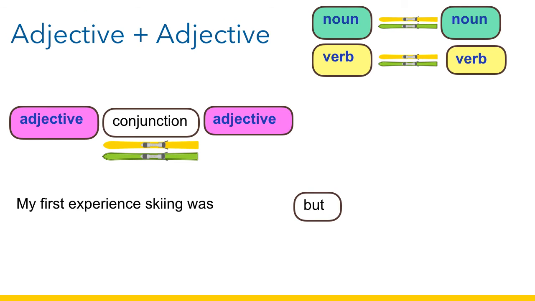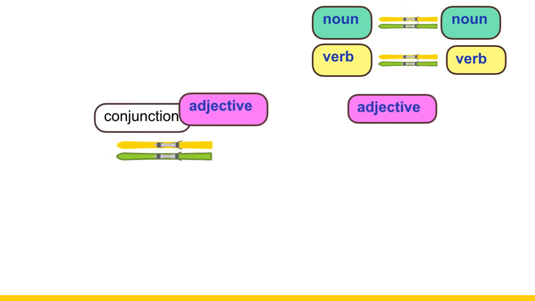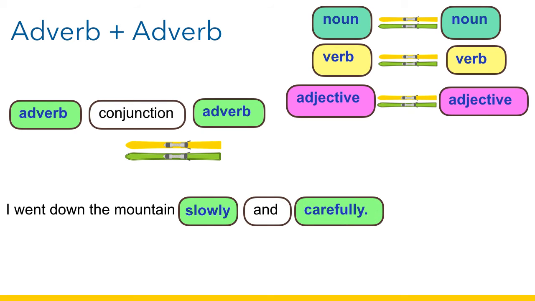My first experience skiing was painful but exciting. We can also connect two adverbs. I went down the mountain slowly and carefully. These are all examples of how to use conjunctions to connect words and phrases.